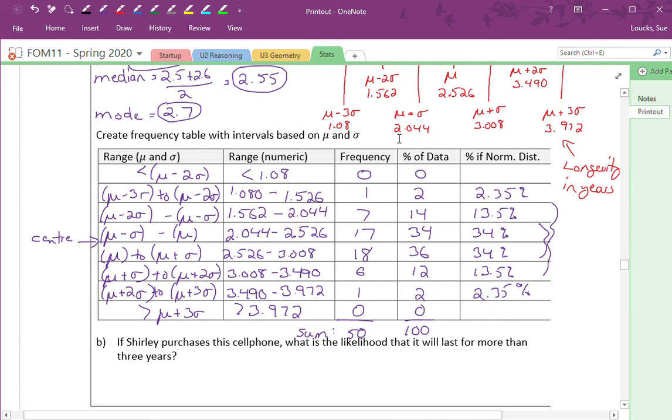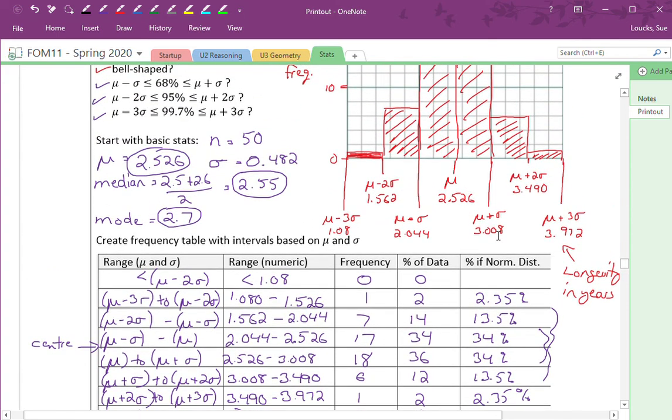So we've got this 3.008, which is pretty darn close to 3 years. I think we can use that data point. So what percentage of the cell phones survived more than that? Well, we're looking for a likelihood.